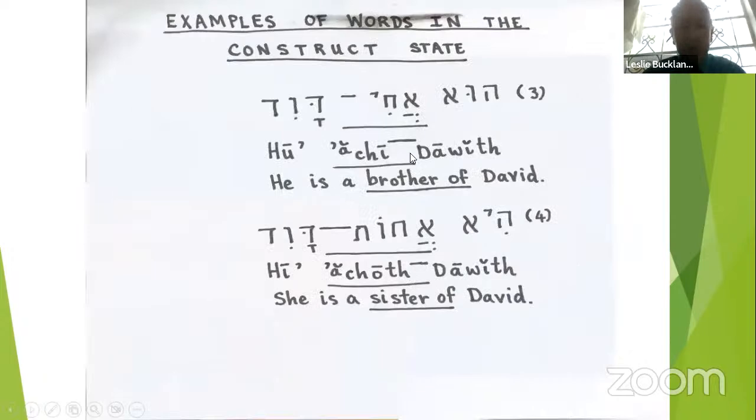Here's another example of nouns in the construct state. Hu achi David. Now, who is he? And achi is how the word ach, which means brother, is spelt when it is in the construct state.